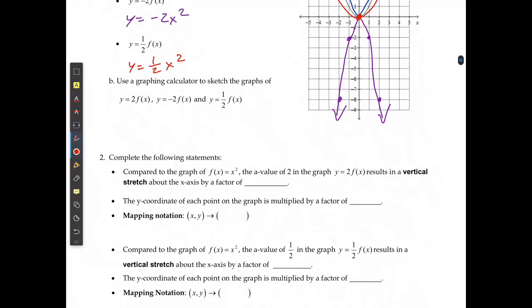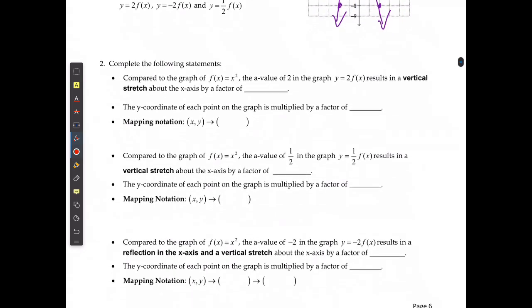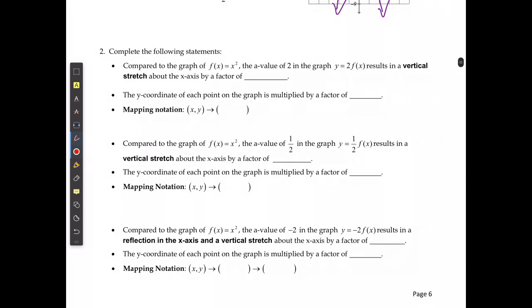So if I'm completing the statements, compared to y is equal to f of x, or the graph of f of x is equal to x squared, the a value of 2 results in a vertical stretch by a factor of 2. When we're talking about a vertical stretch, what we mean is that all of my y values double.